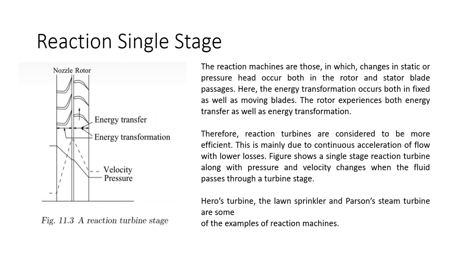Here the energy transformation occurs in both the fixed as well as the moving blades. The rotor experiences both energy transfer as well as energy transformation. So your velocity is decreasing as well as your static pressure, because you're losing kinetic energy and static head simultaneously.